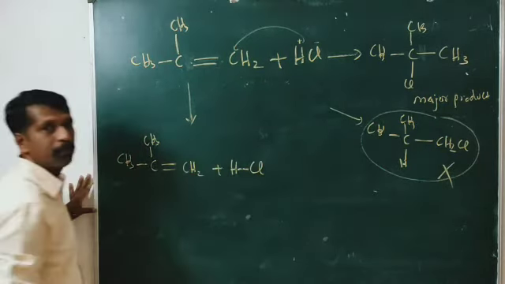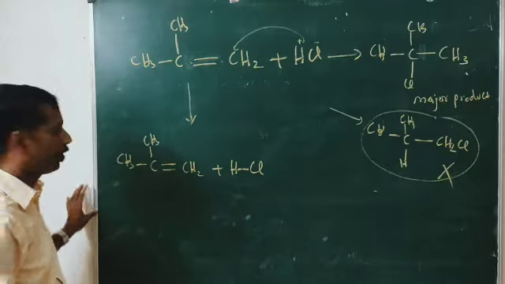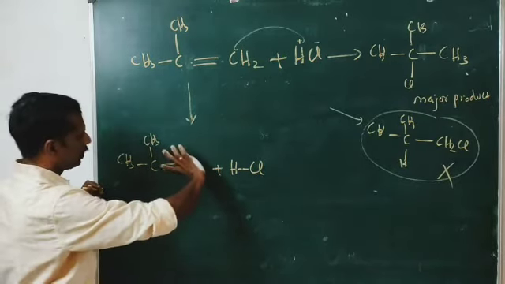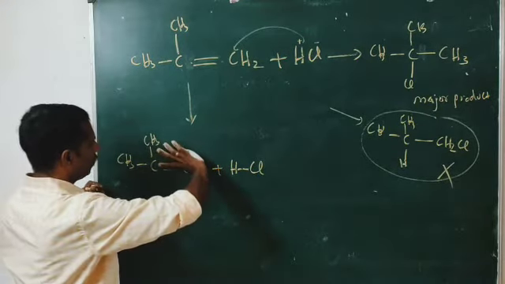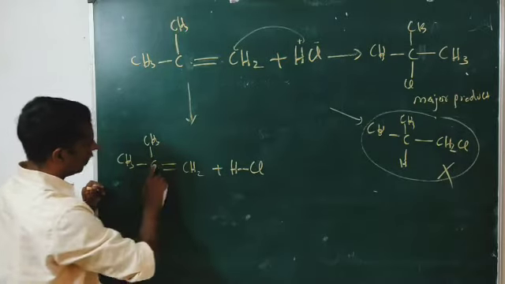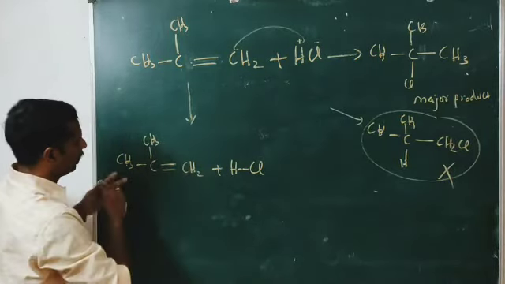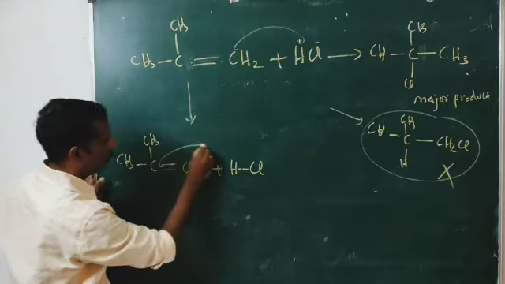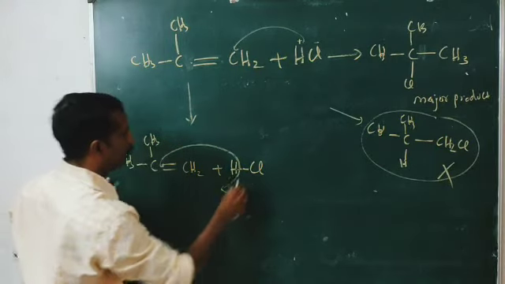Step 1 is the formation of carbocation. There are 2 possibilities. The bond can break from this carbon; this is the first possibility.